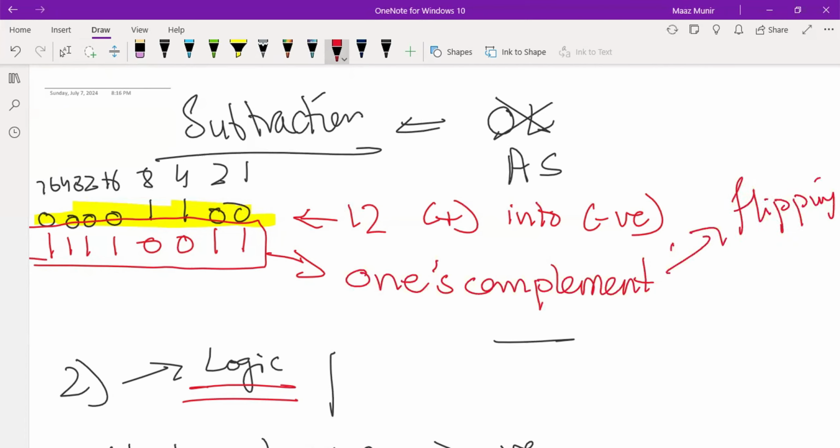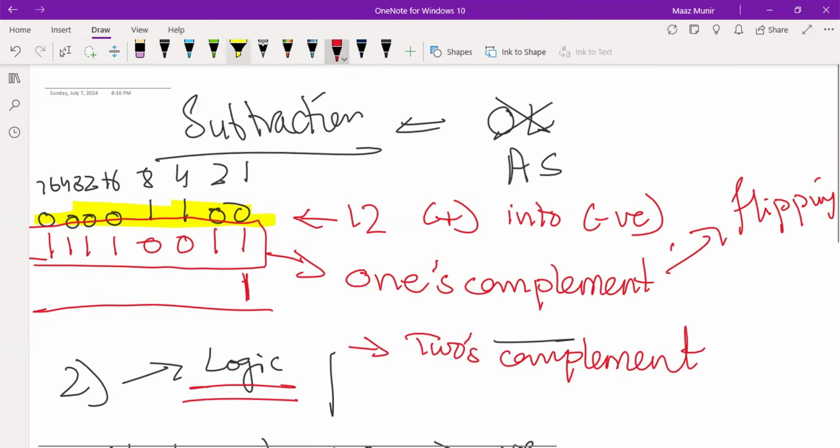And now after we flip it, when we add one to it, the binary value one, we get the answer in two's complement. Two's complement. These are two terminologies. Basically, this is just to make it a bit confusing, I would say. But once you add one into it, what do we have now?